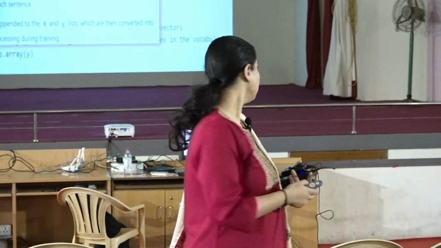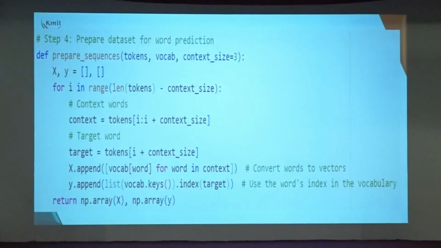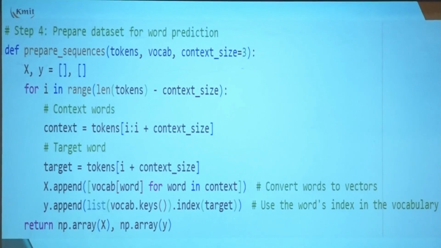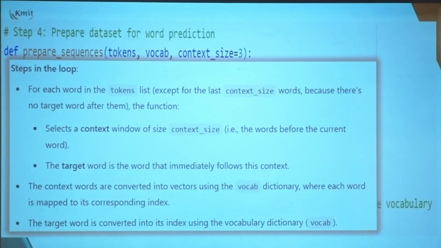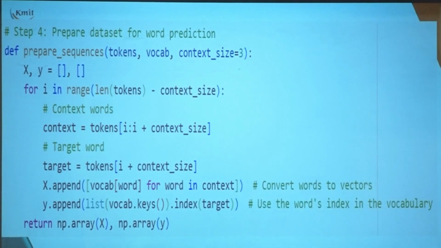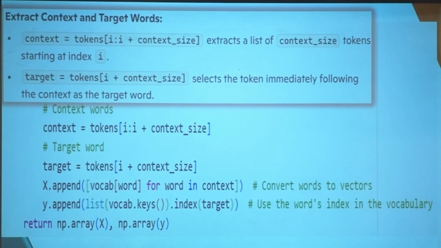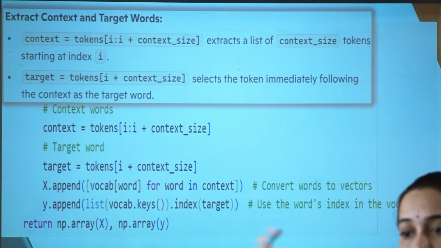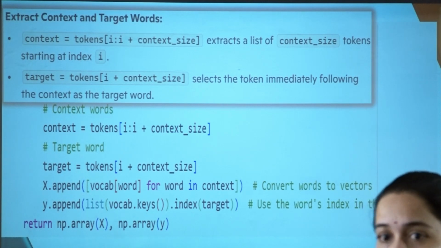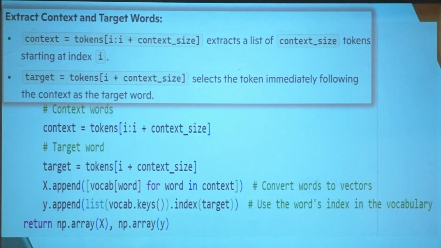Clear enough? Right. Now, as I initialize those lists, I am going ahead. So what are you doing here? Context words and target words. You have to write a mechanism to select your context words and take your target word. So what is the context word? It is purely based upon the context window. What have we given as that? 3, context size or context window. So what is it doing?